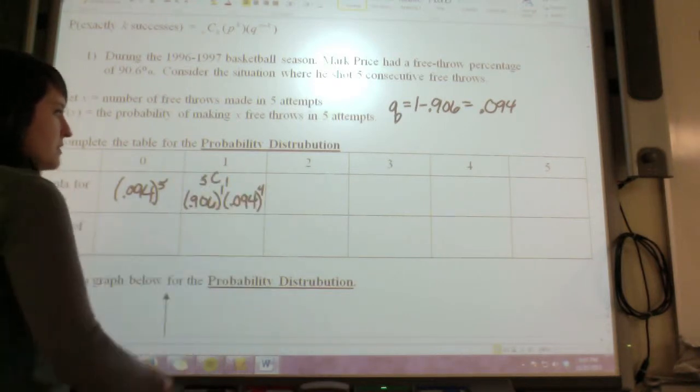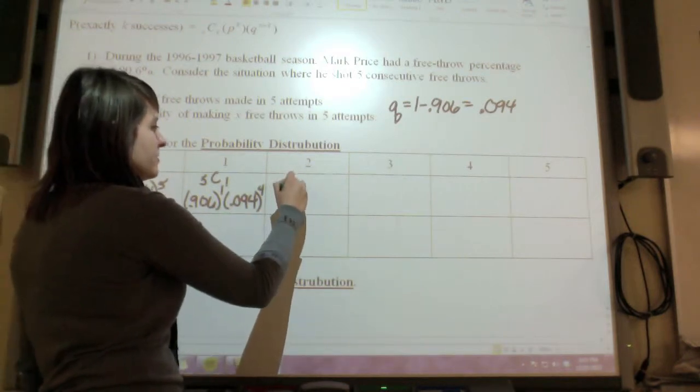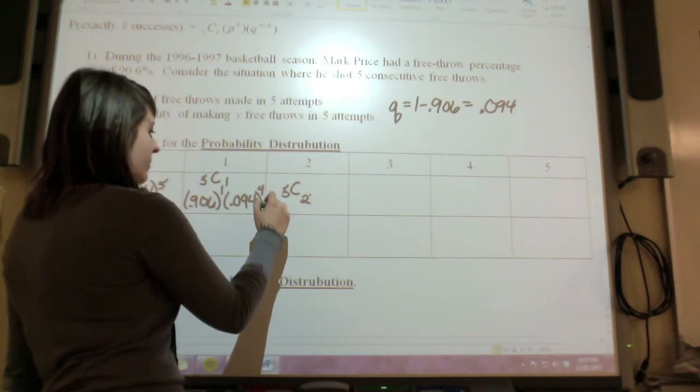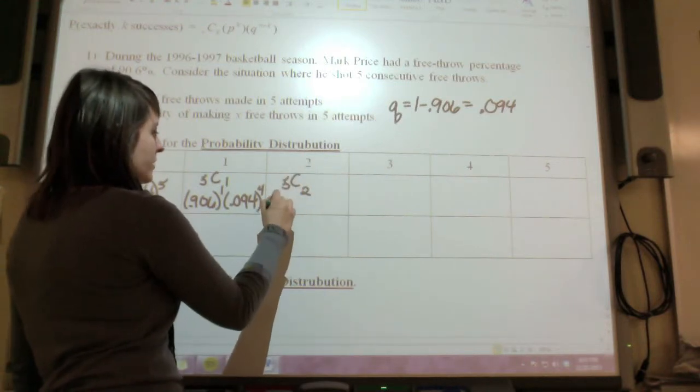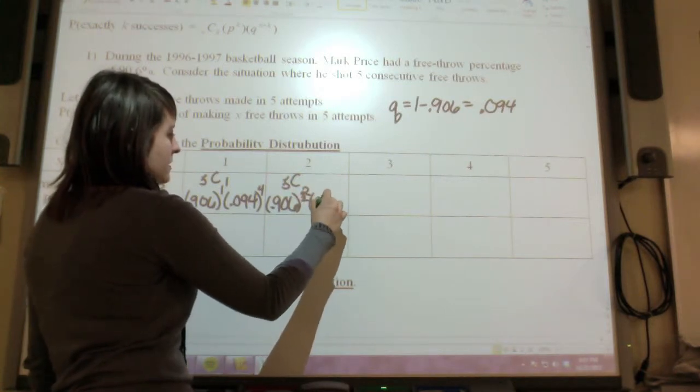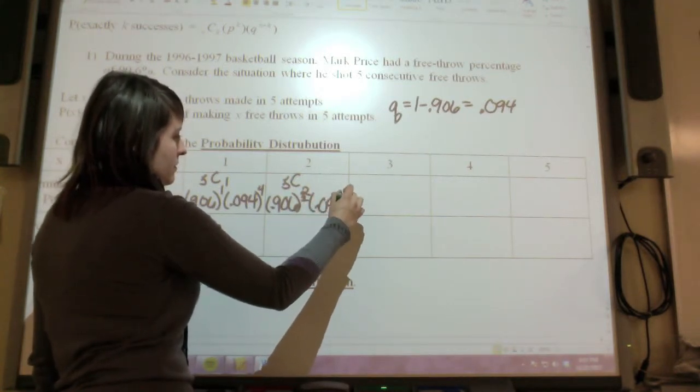I can do the same thing over here. This one's going to be 5 choose 2 for my coefficient, and I made 2, so that's 0.906 squared, and I missed 3.